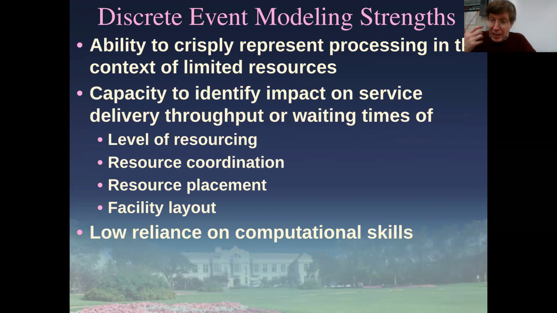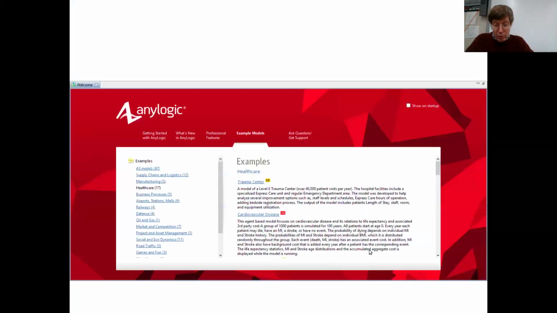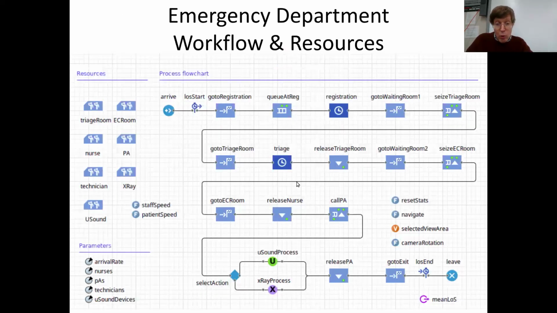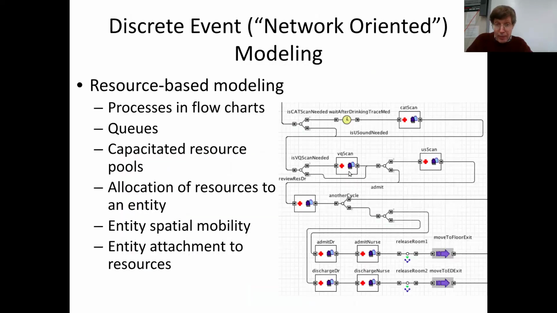And even things like facility layout. The layout of a facility spatially can be readily factored in ways that help us understand how that layout impacts the progression of agents along said workflows.